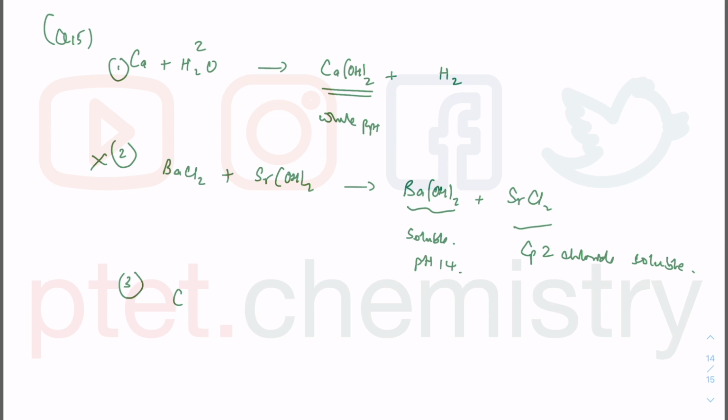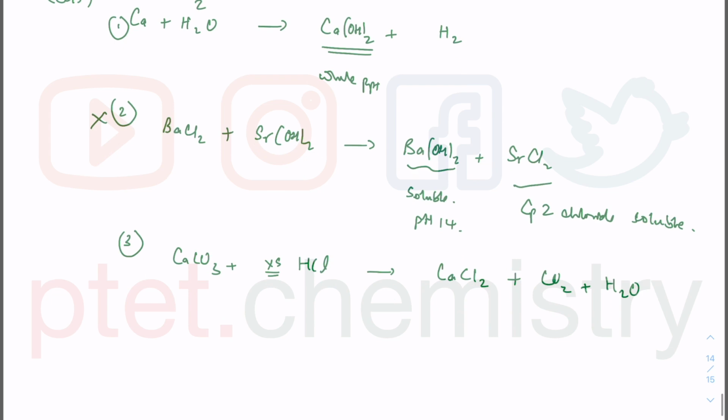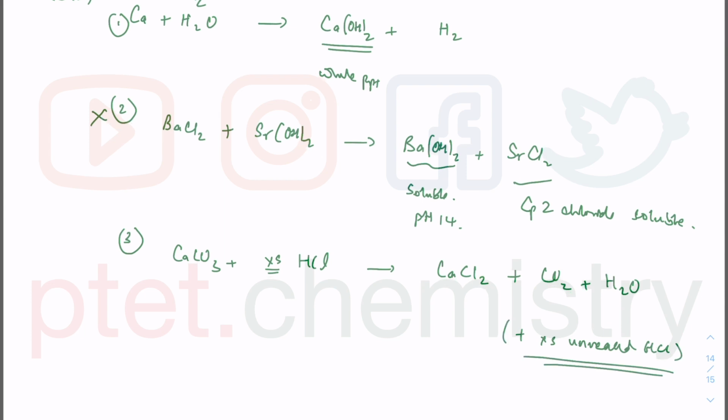If you look at number 3, you have calcium carbonate plus excess HCl. So that means when you get the salt, again, group 2 chlorides are going to be soluble. And then you get CO2 and also H2O as the byproduct. But don't forget, you also have excess unreacted HCl, which of course we don't write in the balanced equation because stoichiometrically all the HCl will be used up in the balanced equation, but we know that it's only the remaining unreacted HCl that remains and not the solid.